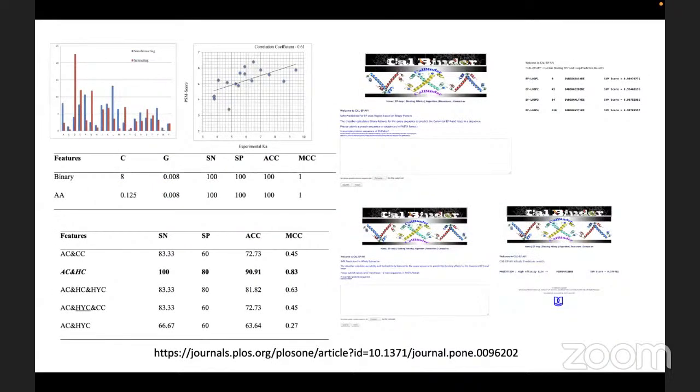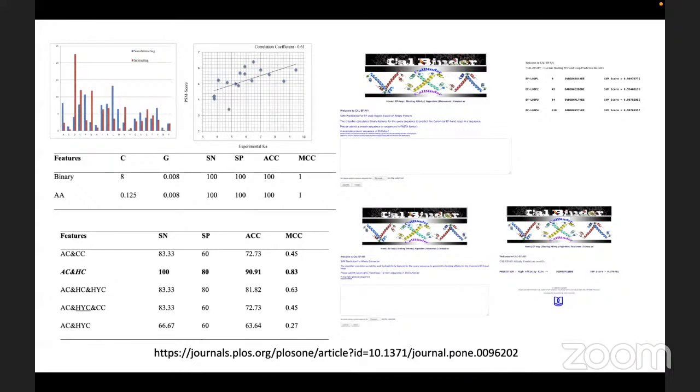Next is the literature review. When you're starting an experiment or research, first you need to find where the data is, then you do some exploratory analysis and see the pattern, and based on that pattern you go to the next level and start designing your machine learning.